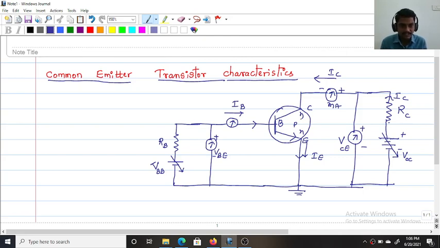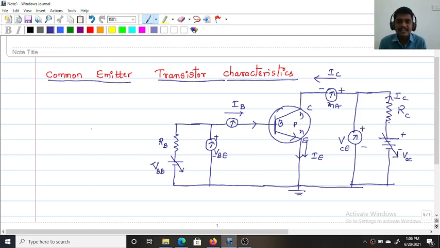This NPN transistor is connected in a common emitter configuration. The emitter is connected to ground, so it acts like a common terminal to both base and collector. We apply input between the emitter and base, and output is collected across the collector and emitter. In this way we get four terminals.